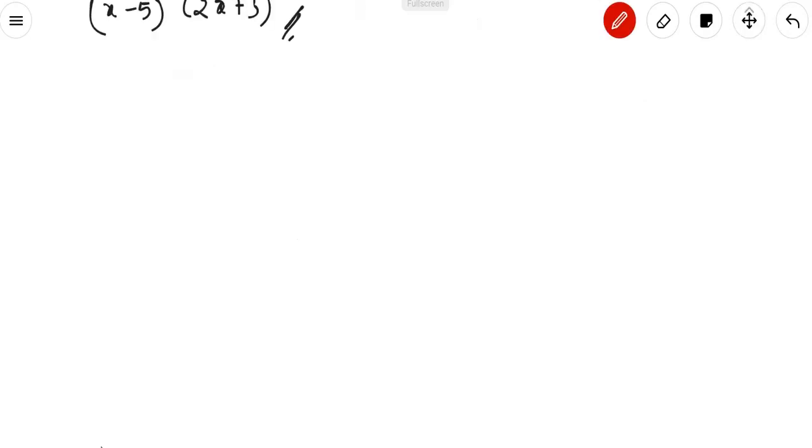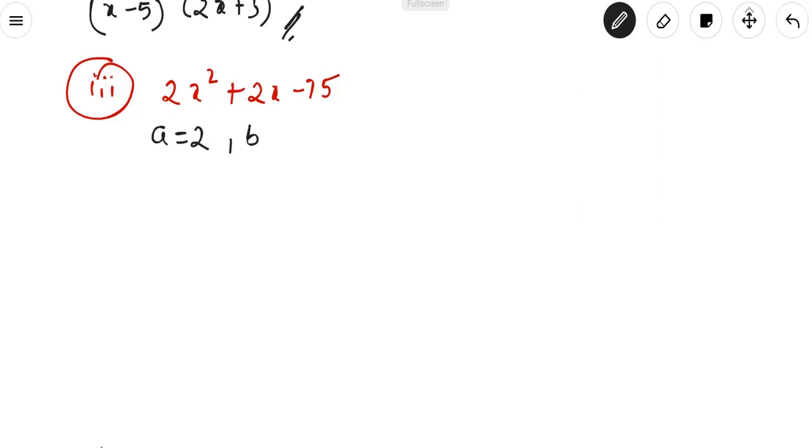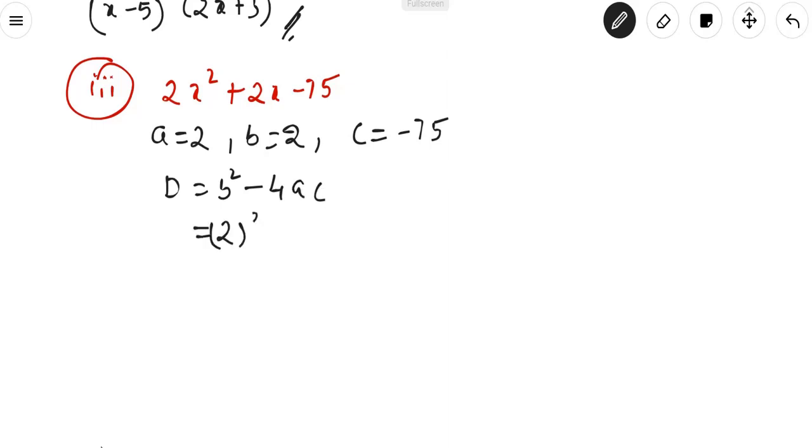Okay, so problem number 3 in your question number 18. What is given? We have to write a is equal to 2, b is equal to 2, and c is minus 75. So D is equal to b square minus 4ac. So b square is 2 square, minus 4, a is 2, again minus 75.